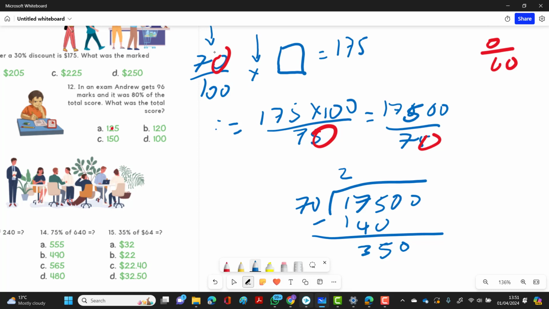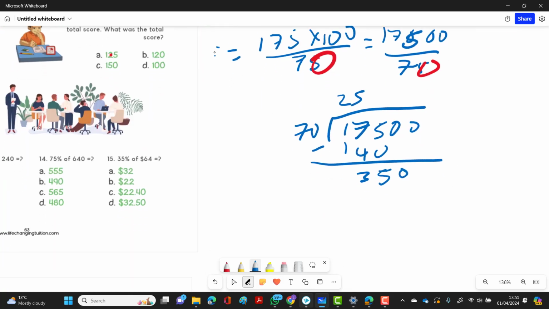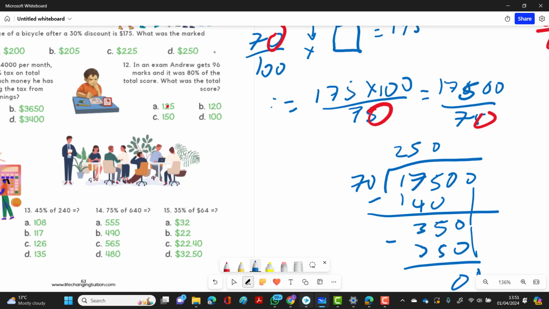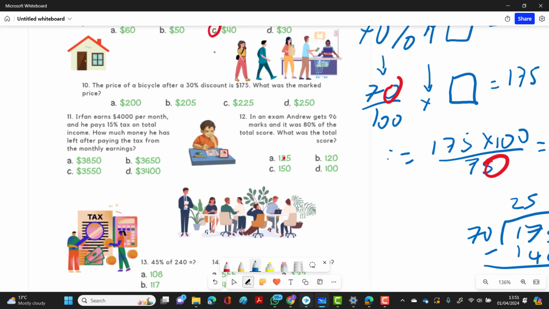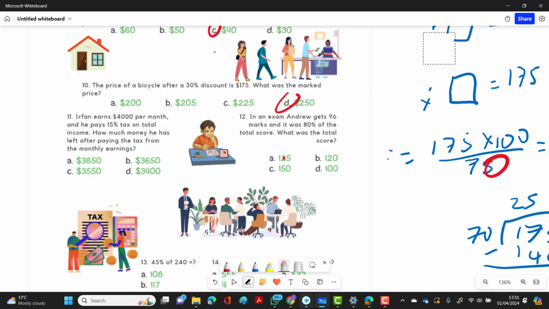If you think 70 is 7, and times by 5 is 350, so you can choose that's 5. 350, 0 minus 0. Next number down, 0, 250. That gives you the answer, 250. So the answer is D. Good. Let's rub those out to make sure.